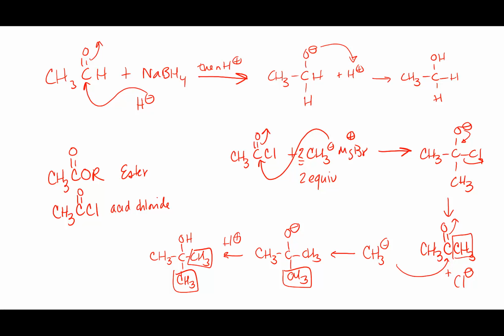One alkyl group came from the original molecule, and the other 2 groups came from the Grignard. So if you're looking for a cue as to what the products are, this reaction will always have to have 2 equivalents of Grignard. Always.